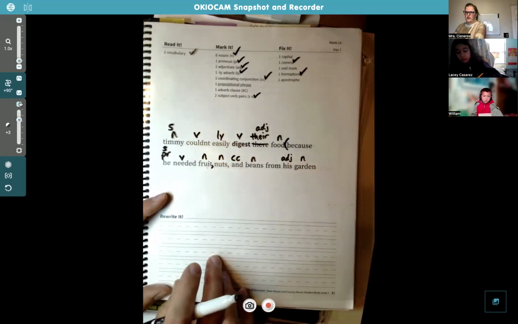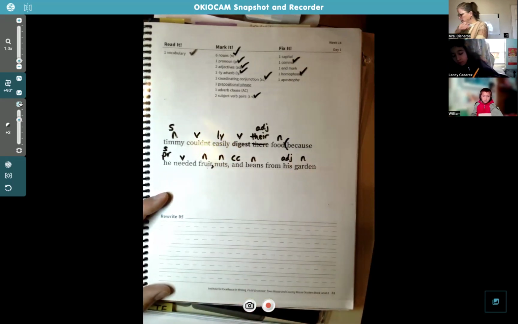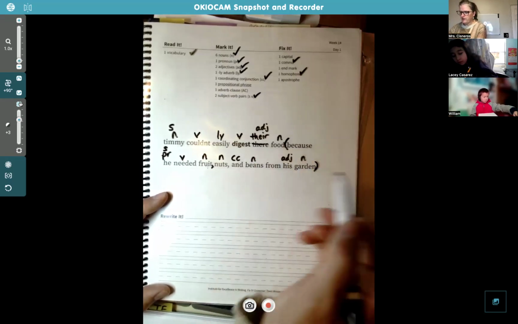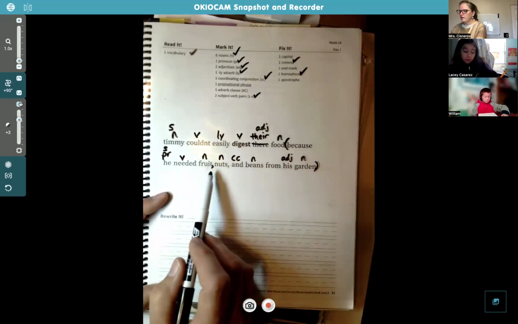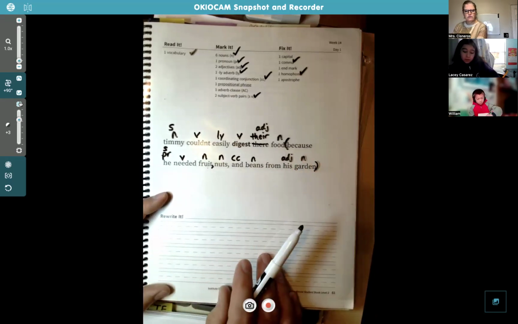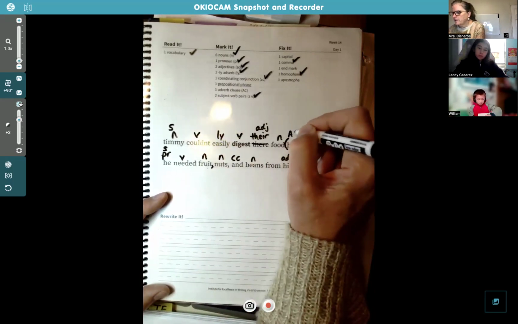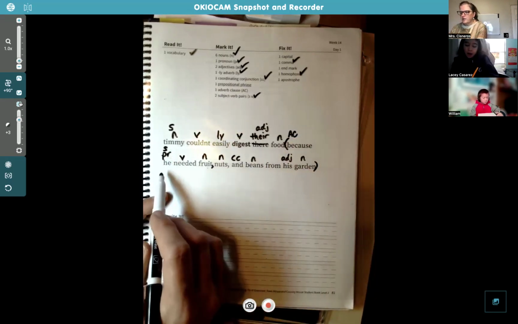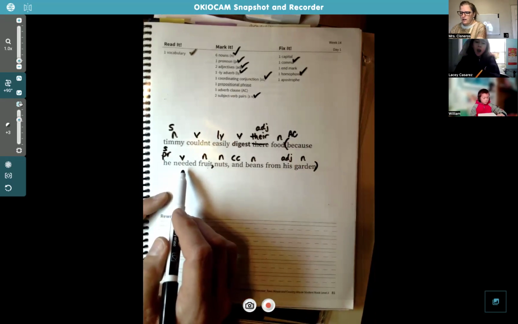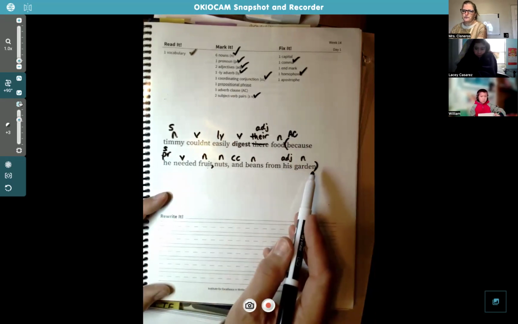Where does it go to the end? Where does it end? Yep, good. The whole rest of the sentence. Because he needed fruit, nuts, and beans from his garden. And notice that this adverb clause, we're going to put AC here, has a subject "he" and a verb "needed," and then the rest of the sentence.